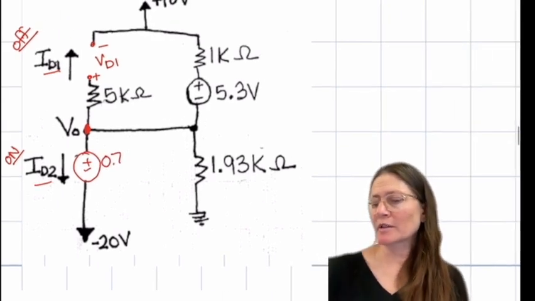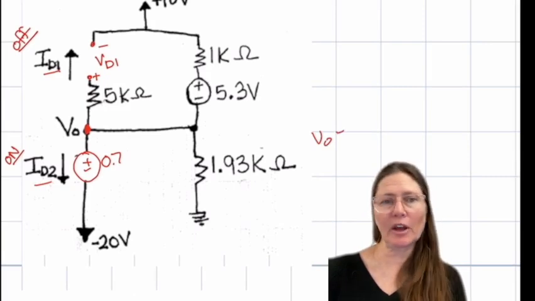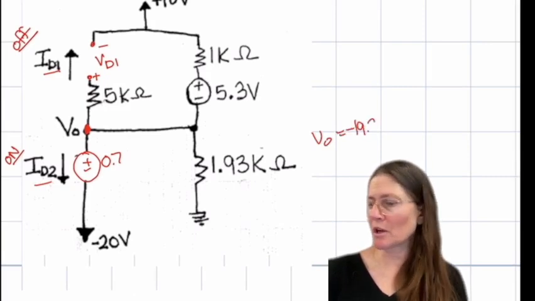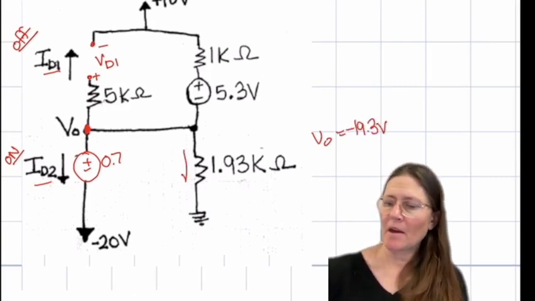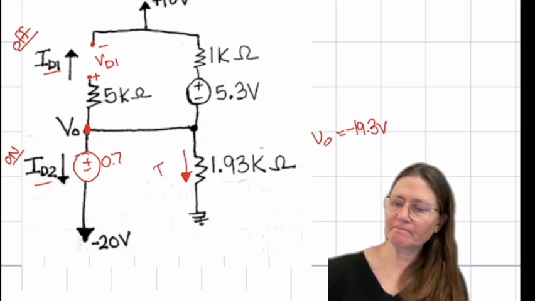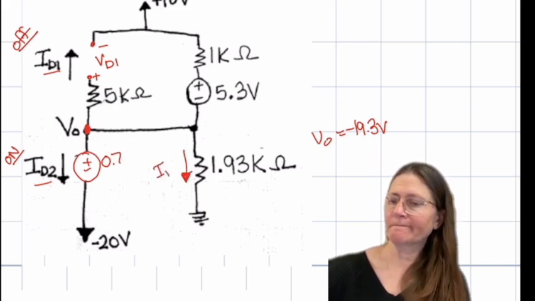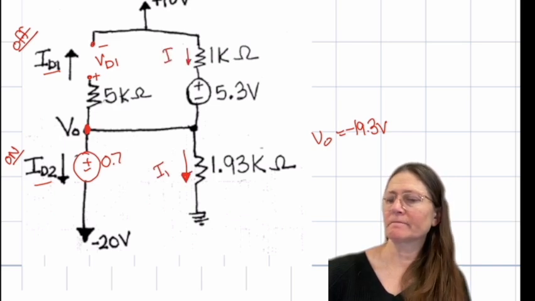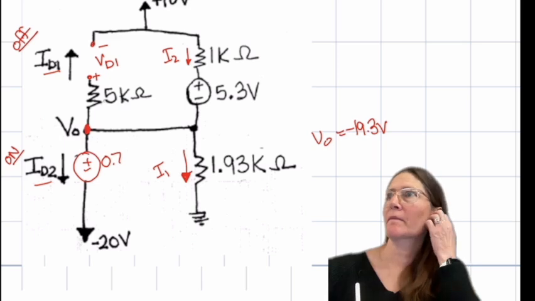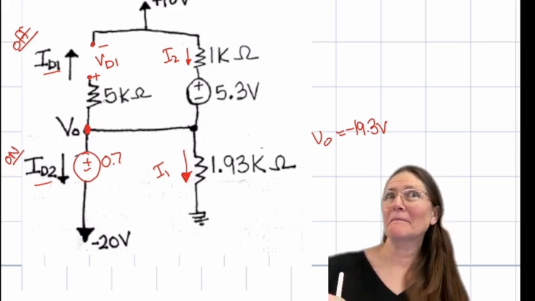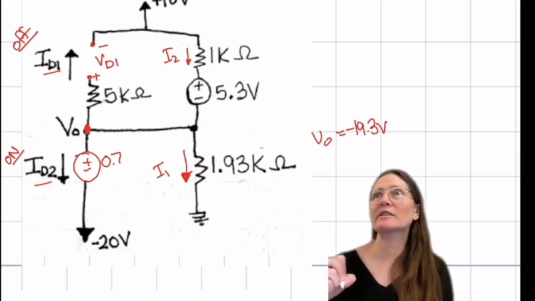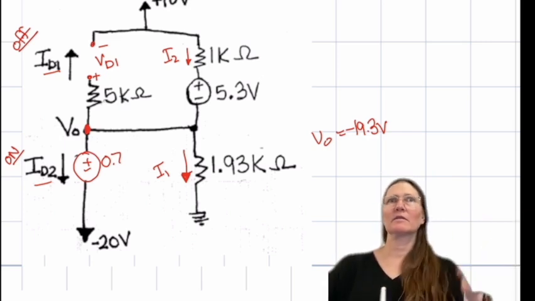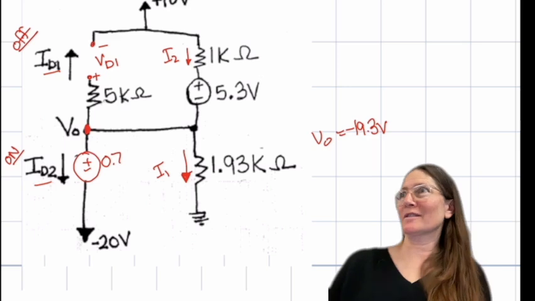V naught is going to be the same, minus 19.3. How do I find ID2? Because that one needs to be checked to see if it's on. Any thoughts?